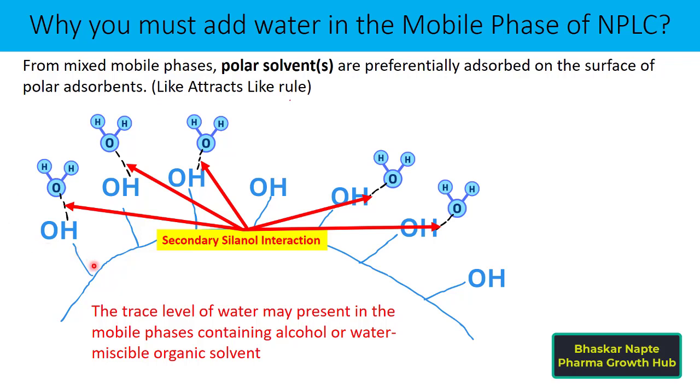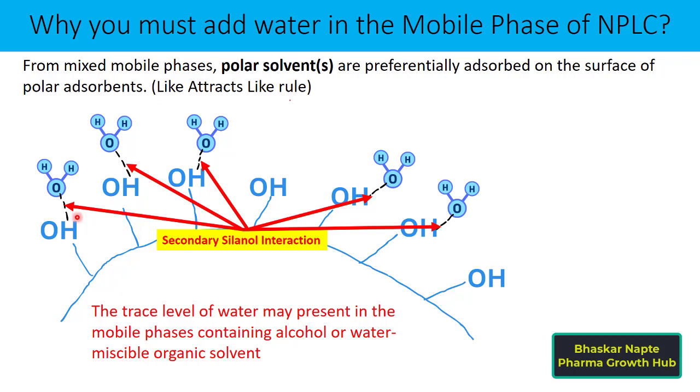As we know, water is a highly polar solvent. Now, who is going to get these polar centers present on the column? I'm talking about the silanol groups. These silanol groups can preferentially form hydrogen bonds with a highly polar solvent like water rather than forming hydrogen bonds with a less polar solvent like methanol or maybe ether.